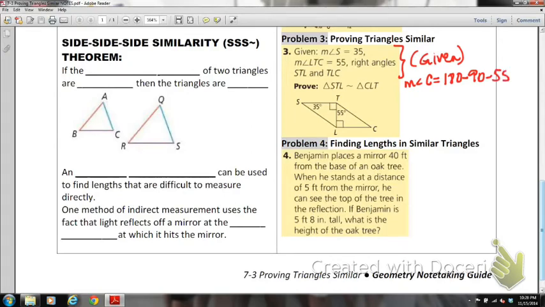So it is equal to 35 degrees. And that's using the triangle sum theorem.